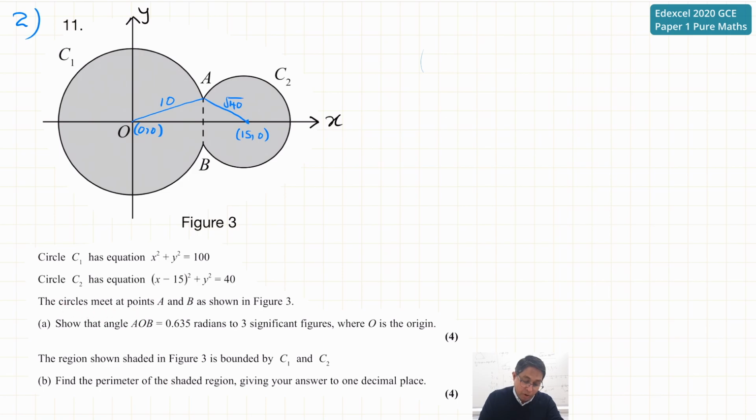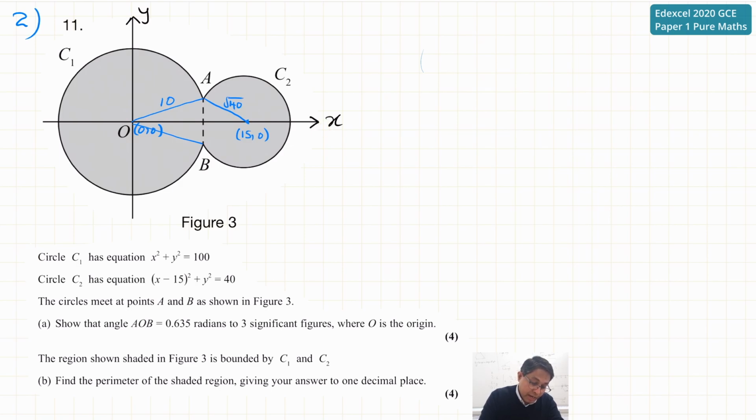Circles meet at points A and B. Part A, they ask you to show that angle AOB, we have to show this angle as 0.635 in radian.